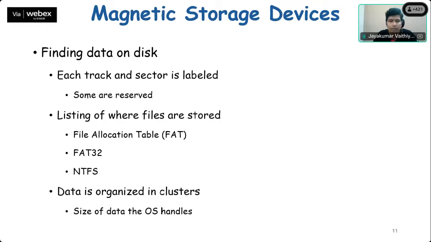Take an example of the operating system. Suppose you install Microsoft Windows in your laptop, a specified portion of that hard disk is allocated only for storing your operating system. It is not commonly used for general purpose. So you can categorize your storage in different varieties: one for the operating system, one for general purpose.